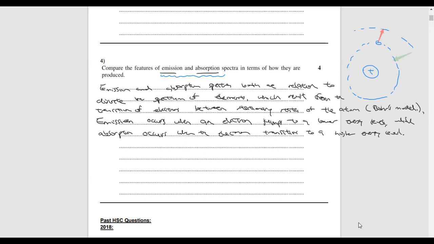Okay. So basically, you've got the emission and you've got the absorption. They both relate to the movement of electrons between stable states, otherwise known as stationary states.